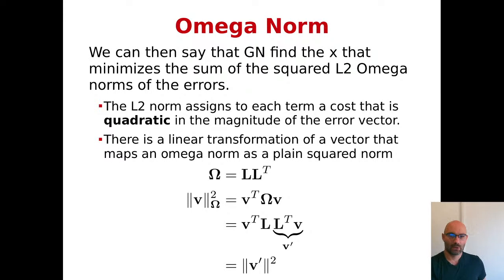We might also make a small digression and consider that most of the time our information matrices omega are not changing during the optimization. We can convert an L2 omega norm to an L2 norm, which means with omega equal to the identity, by using a well-known trick that we have already seen, which is the Cholesky decomposition.